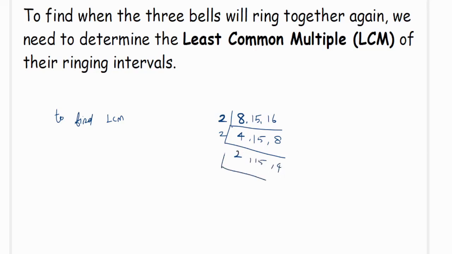Again 2: 2, 1, 15, 2. Now I divide with 5 or 3. 1 cannot be divided, so 1 is retained. So 3 and 2.